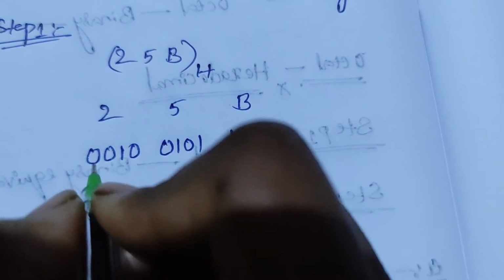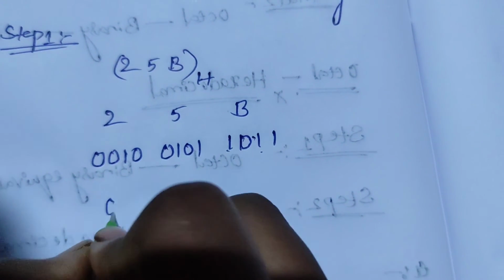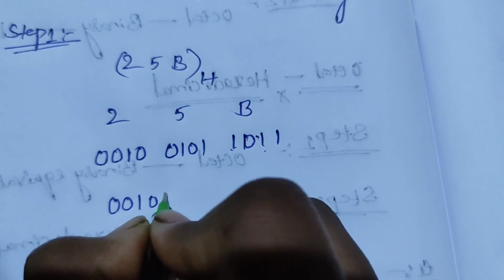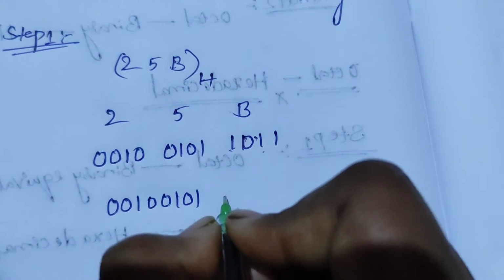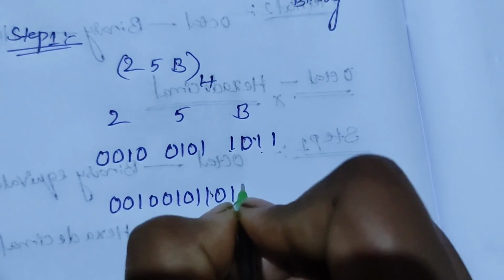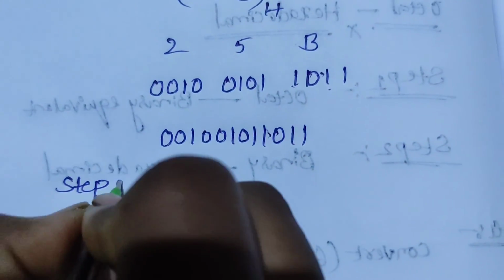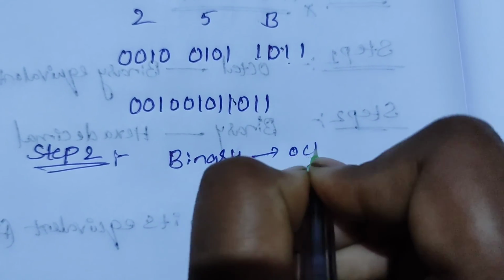So this is the binary equivalent: 0010, 0101, 1011. Step 2. Convert this binary to its equivalent octal.